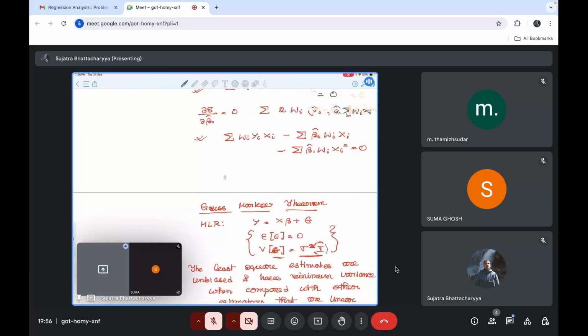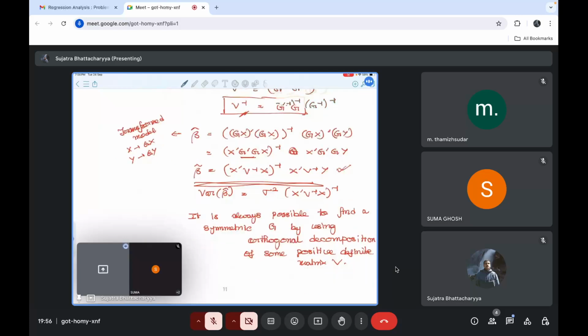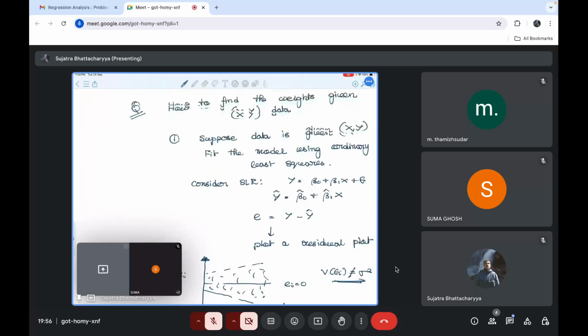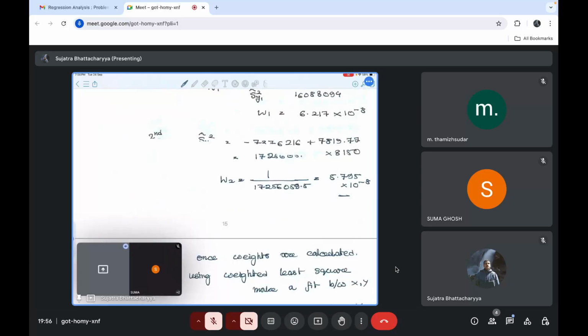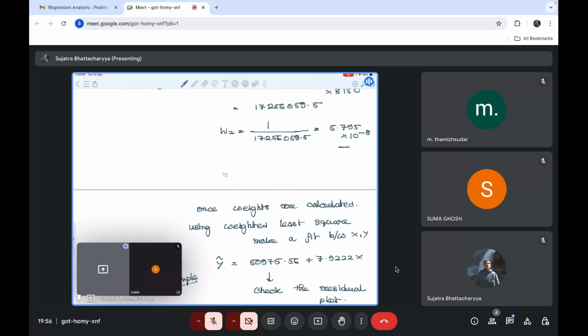Okay. And for multiple linear regression, the beta hat for the weighted least square case becomes like this, where I have written in the absolute end. This one: X prime W X inverse X prime W y. But W again is 1 upon sigma square, though it will be in a different way.